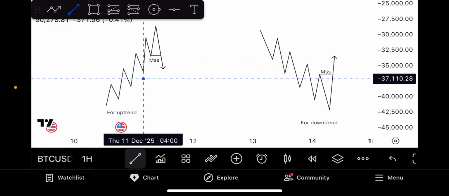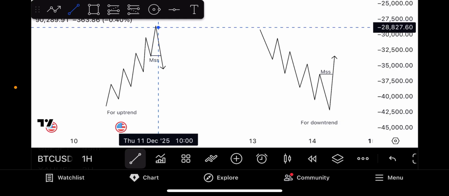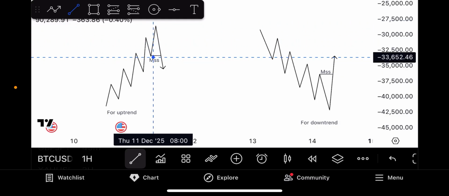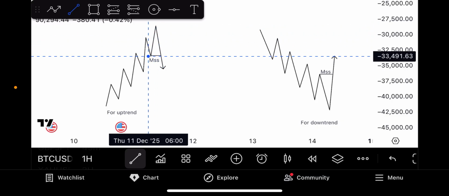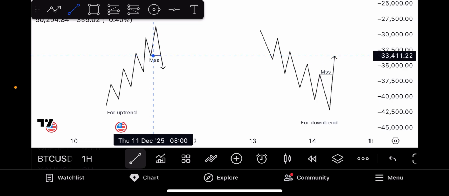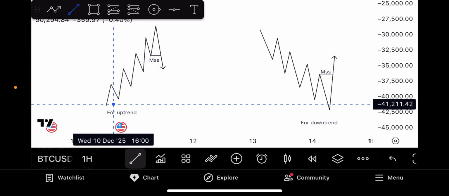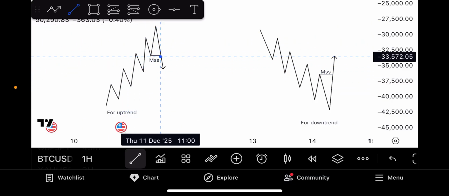Then it broke past this previous low, making a lower low. This is where the MSS occurred. This tells you that the market is no longer in an uptrend, but a downtrend.